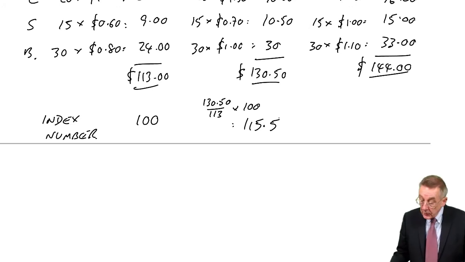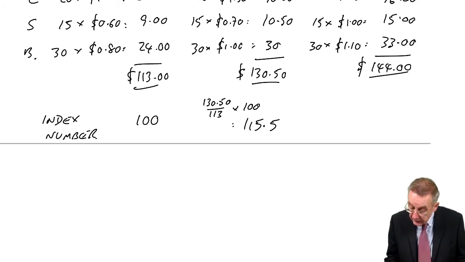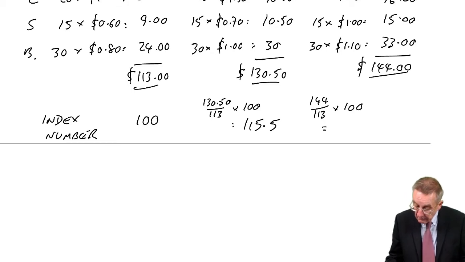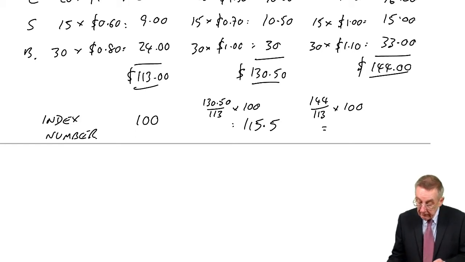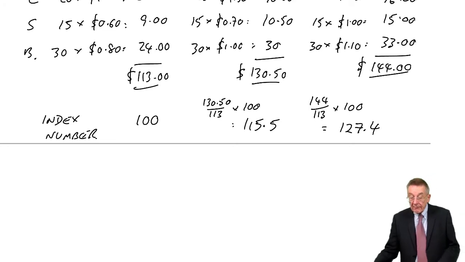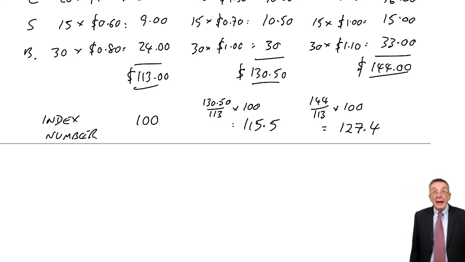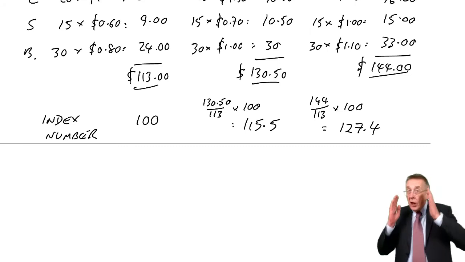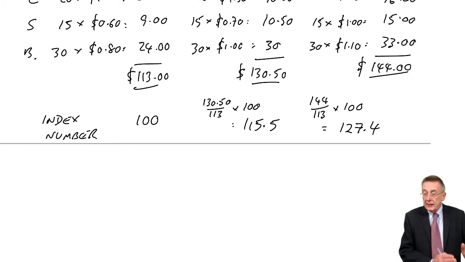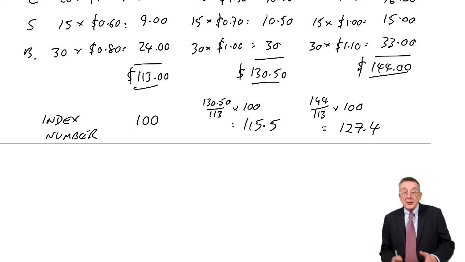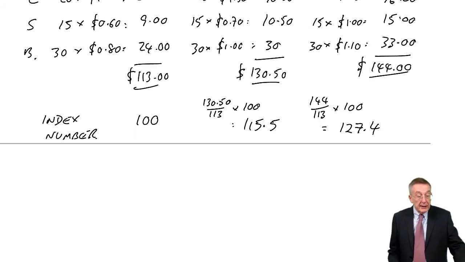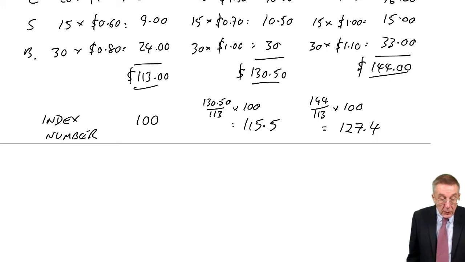And in last year, 2010, well, it's gone from 113 to 144, which gives us an index of 127.4. So that's our Laspeyres. Again, we've got to have the same quantities in each year to make sense of it. But we're just costing out the same quantities in each year and then converting it into an index number.